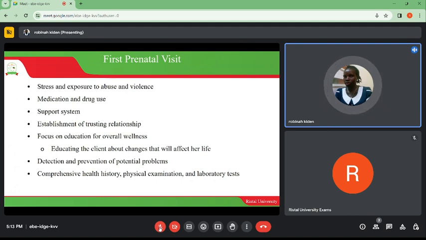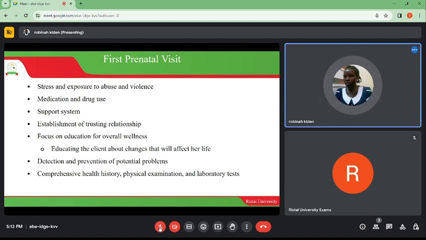Then medication and drug use, any medication that the mother is on, because it's very, very important. In case the mother is on any medication, we need to know which one. Is it a type that will affect the baby, or a type that is safe for the baby?